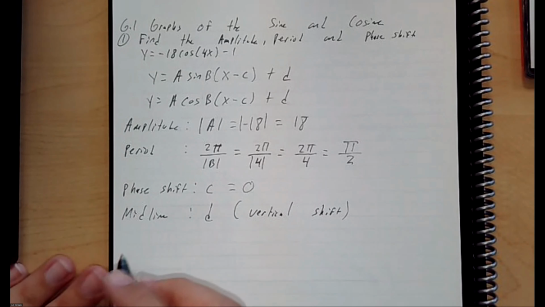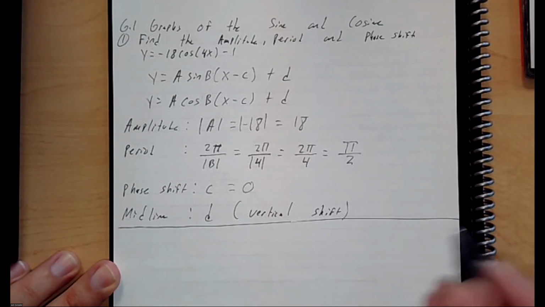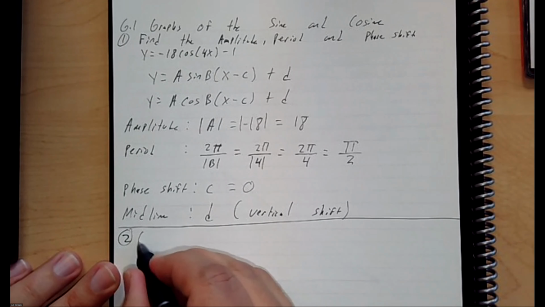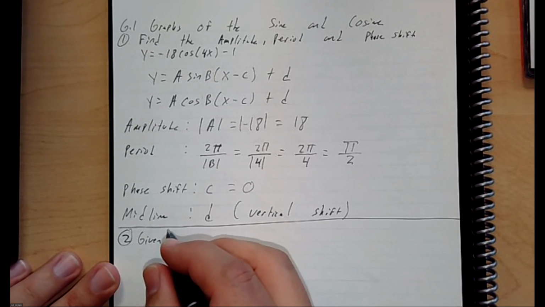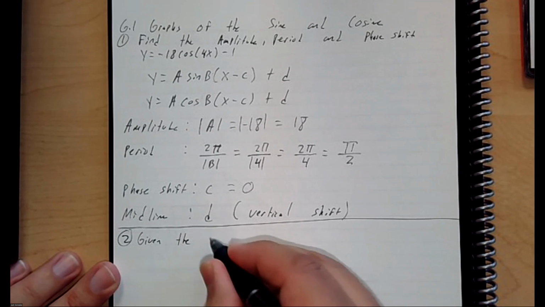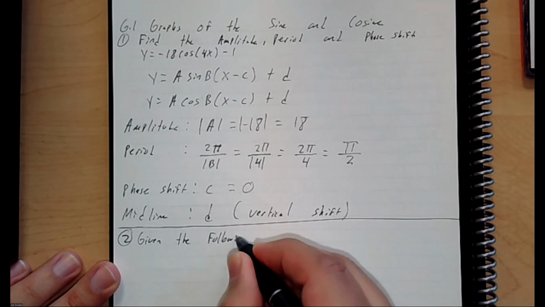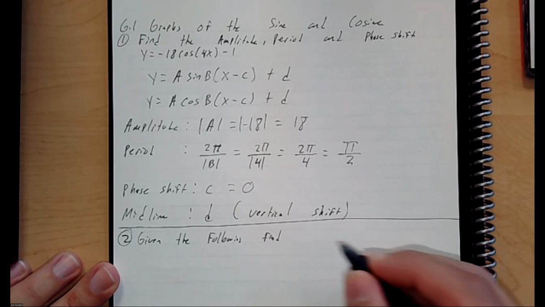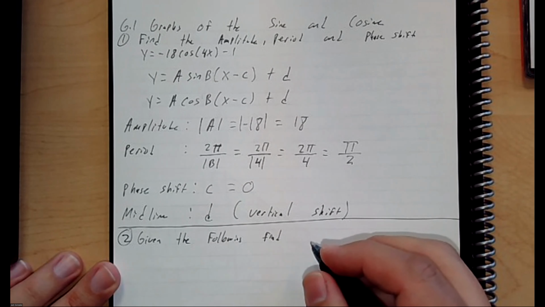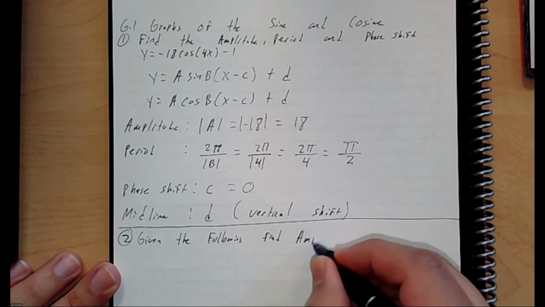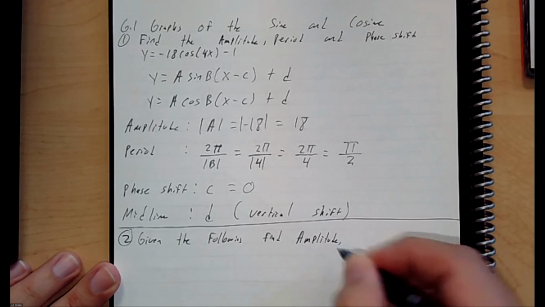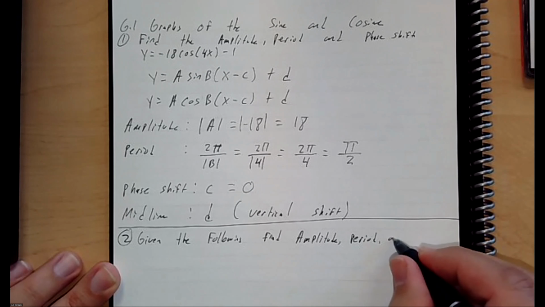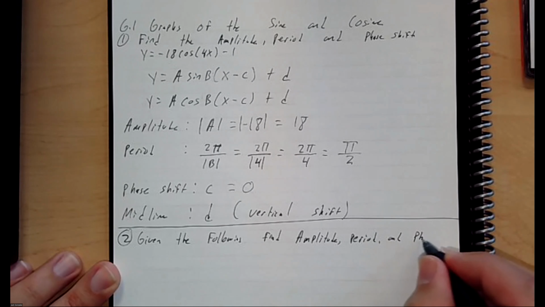Let's do one more and then we'll move on. Given the following, find the same thing as before. Amplitude, period, and phase shift.